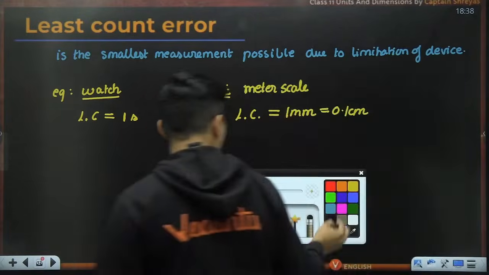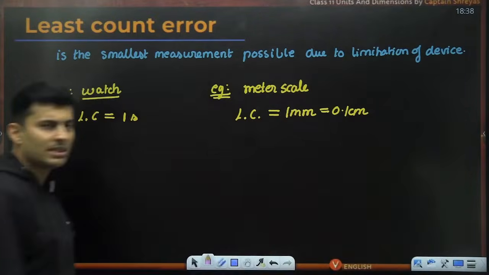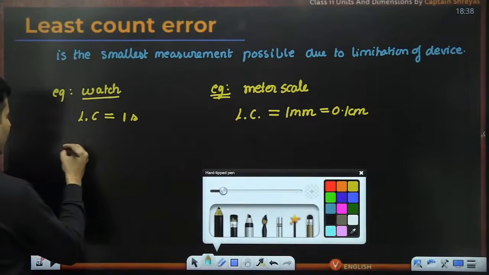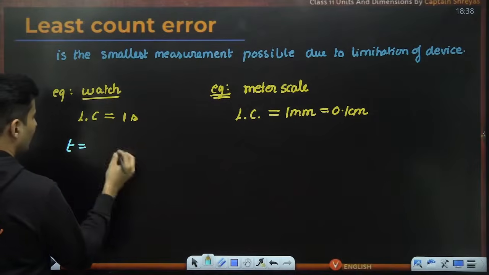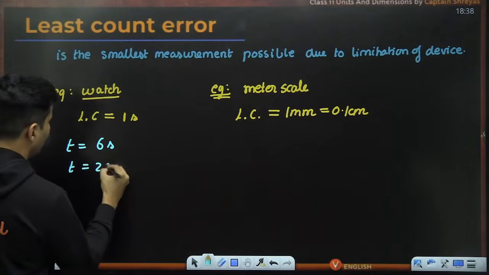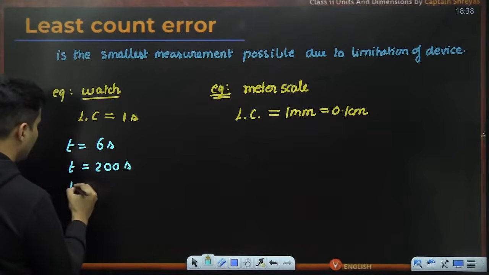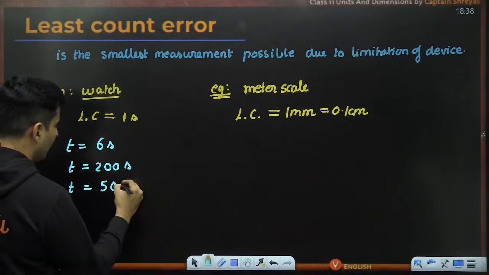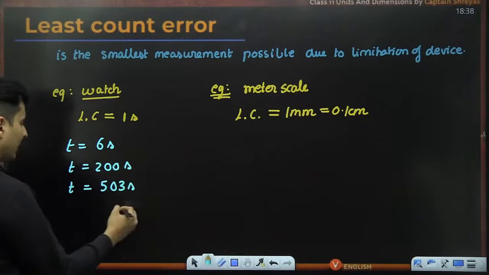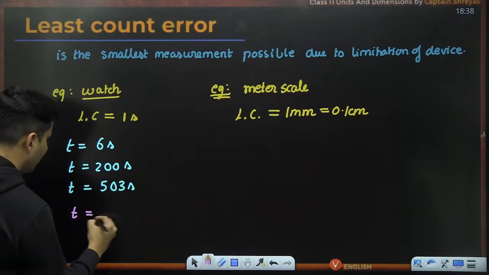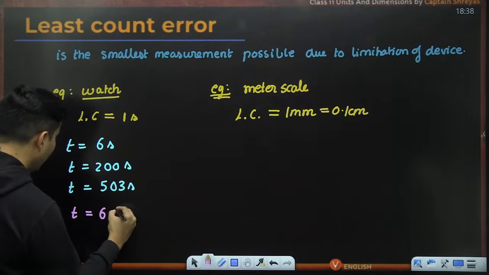So say, for example, some person measures time using a watch. The person can say the time is maybe 6 seconds, or the time is 200 seconds, or the time is maybe 503 seconds. All this is fine, but the person can never say that the time is 6.3 seconds.